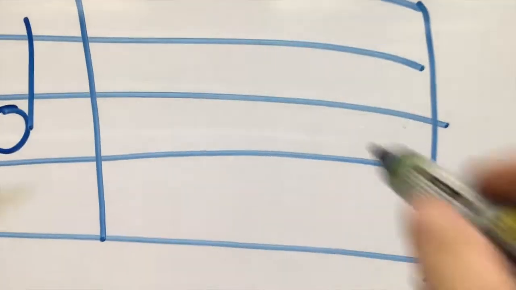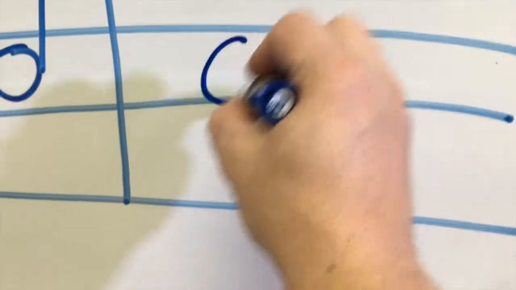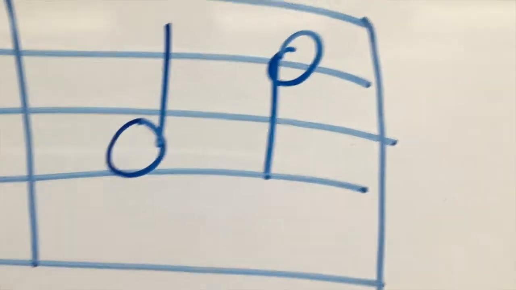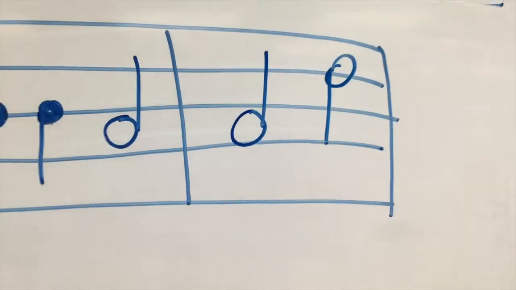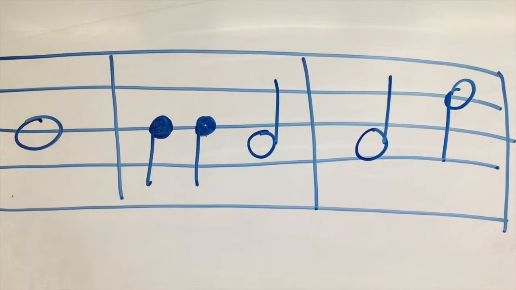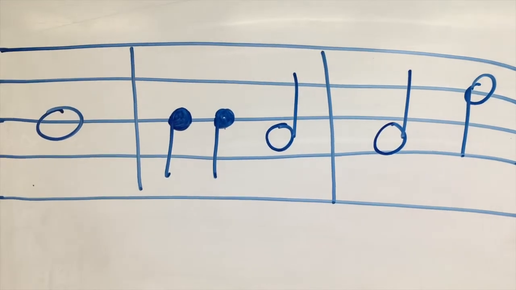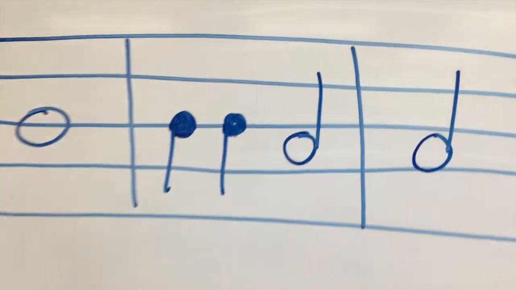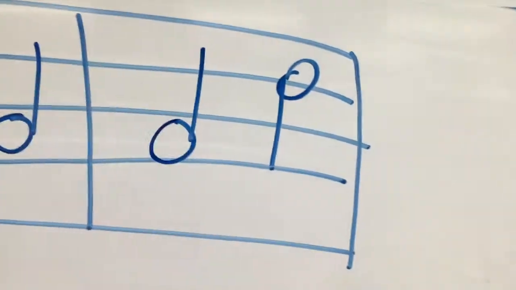And then this one, I can put this and this, right? So these, I'm not gonna do eighth notes yet, but there are 4 beats in every measure, and I've completed each measure. 4 beats, 4 beats, 4 beats.